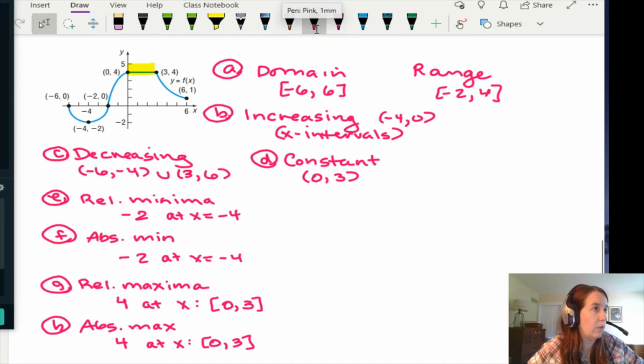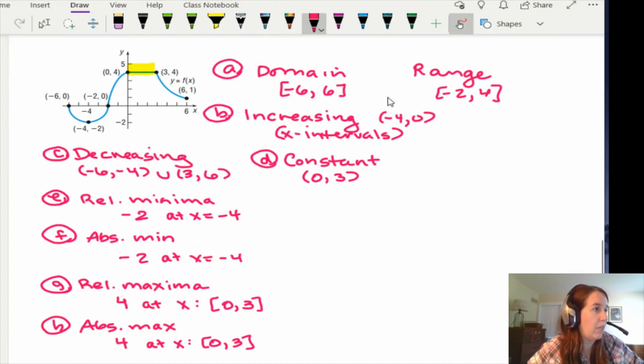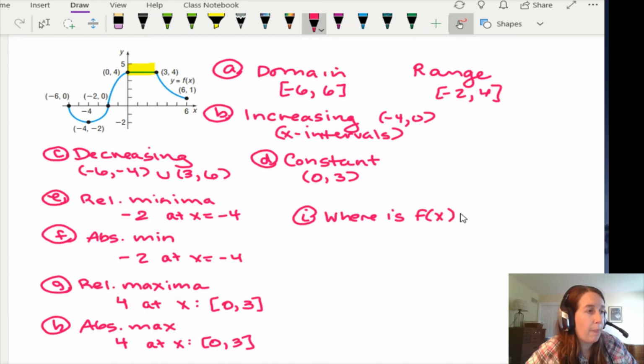Okay, so we may also be asked for this graph or for any function, where is the graph positive or where is the graph negative? And the way they would ask that would be, where is f of x greater than 0? They could ask greater than 0. They could say greater than or equal to 0.